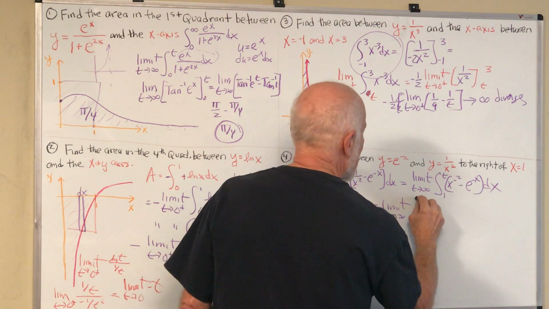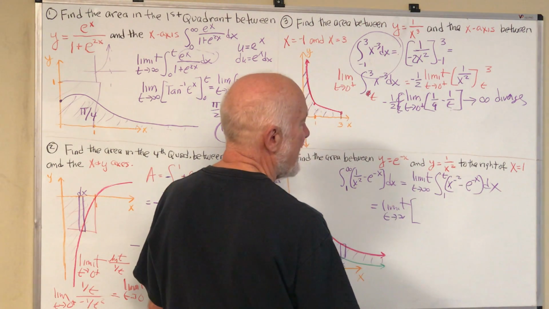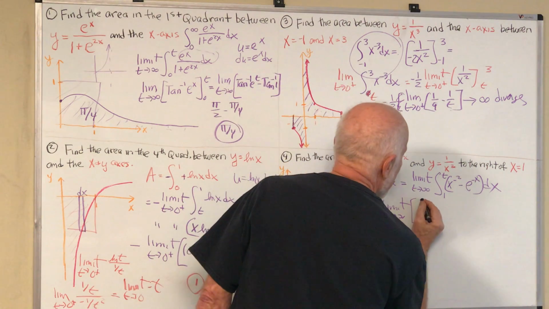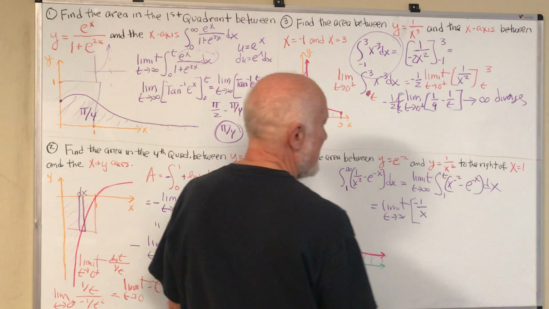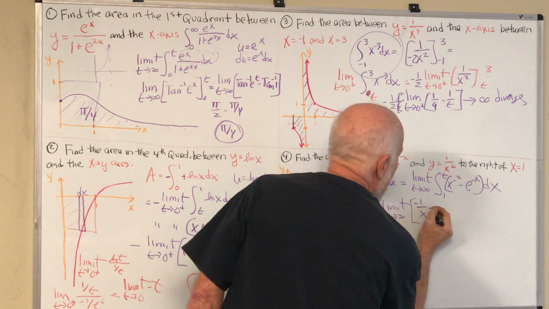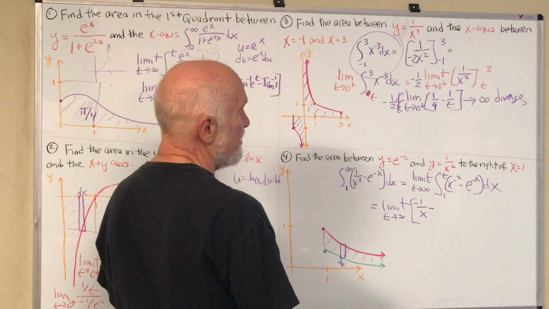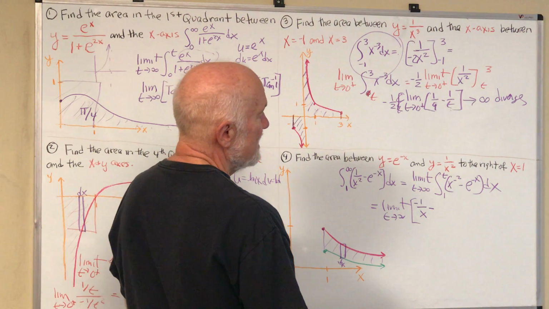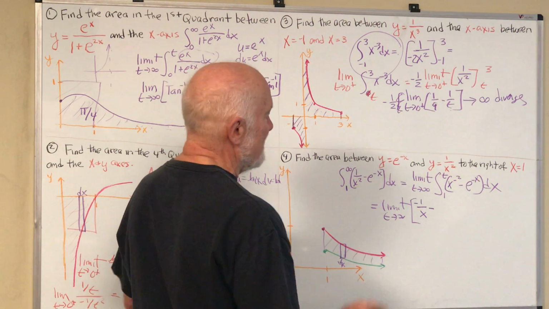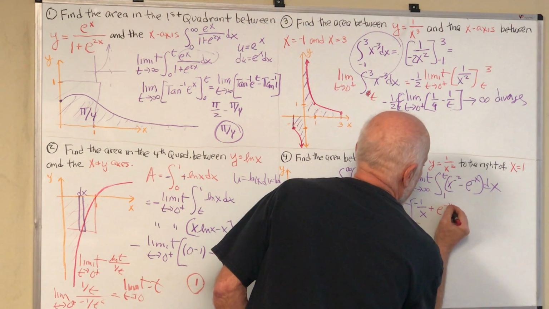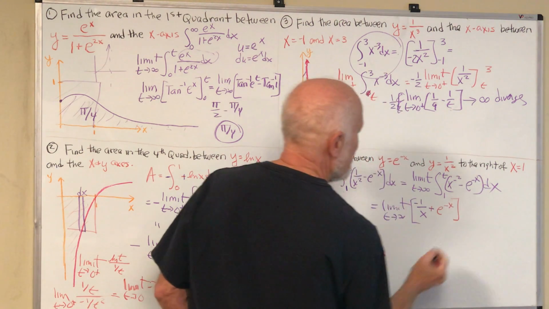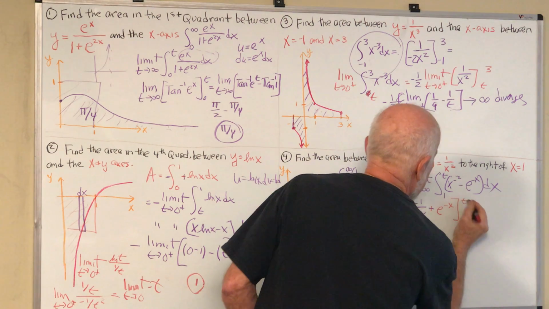So what is the antiderivative of x to the negative 2? It's x to the negative 1 divided by negative 1, minus, and the antiderivative of e to the minus x is minus e to the minus x. So this becomes plus e to the minus x, and you're going from 1 to t.